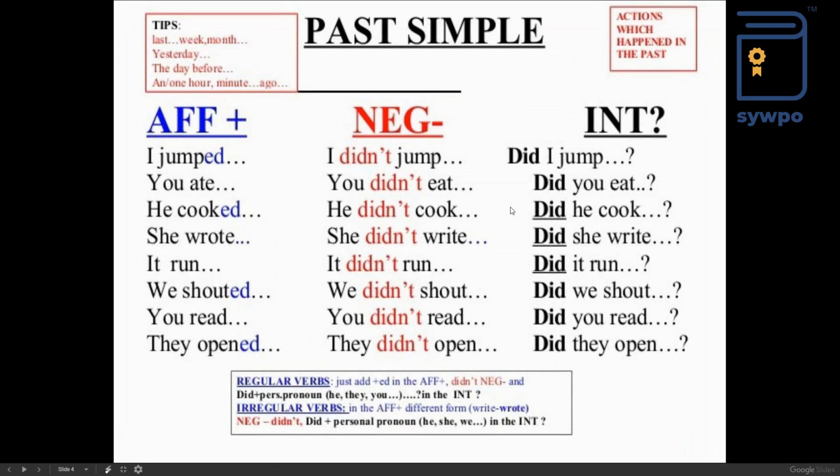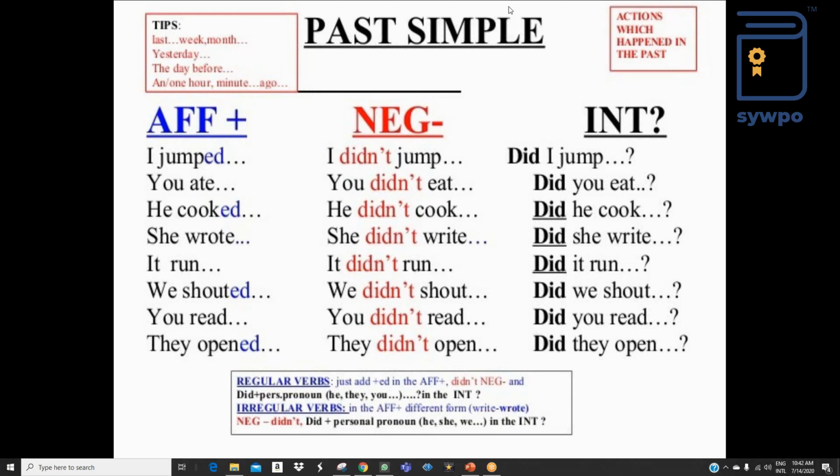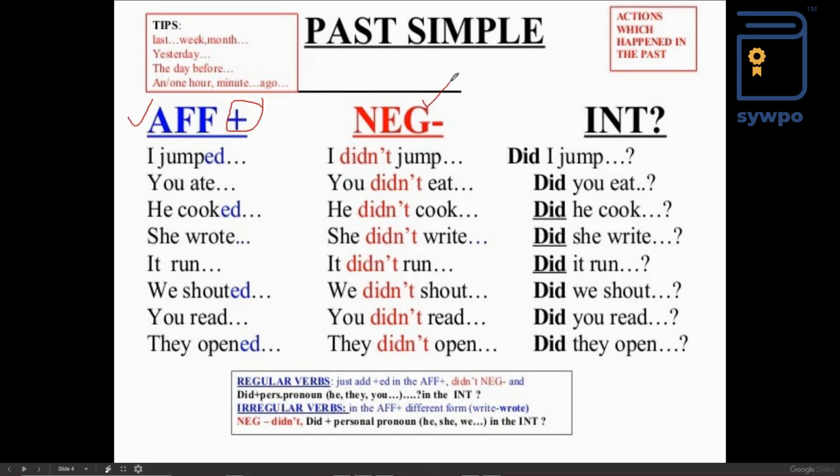Now, here you can see how we write simple past. Generally, in affirmative, that means a positive sentence. See, affirmative. We write in negative, and we also ask questions. So you can see all the types are here. Number one, I jumped.